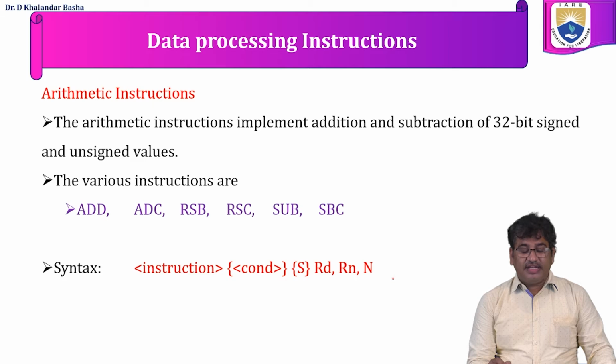The general syntax of arithmetic or data processing instructions is the instruction followed by an optional condition, then an optional S for updating flags in CPSR, then RD, RN and N. The source data is provided in RN and N. Whatever instruction is specified will be performed on these two, and the result will be moved into the RD register.